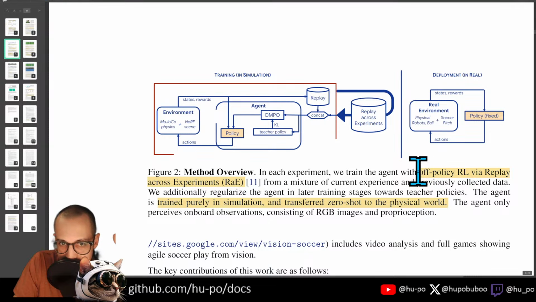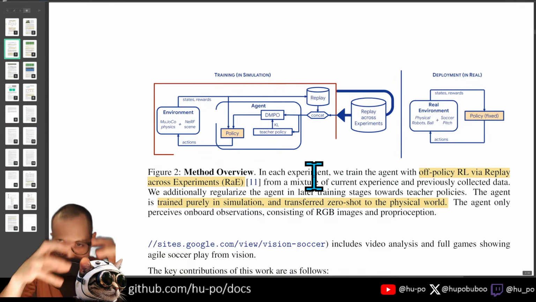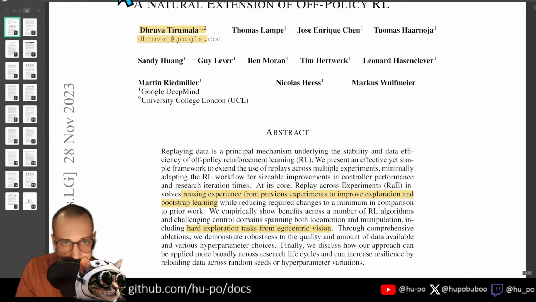But in this case, they want to do off-policy reinforcement learning, which means that the data you're using to train this policy might not actually have been collected with the same policy. It's off the current policy, so it's not as related as on-policy data that would come from the actual policy itself. That's usually tricky to do.